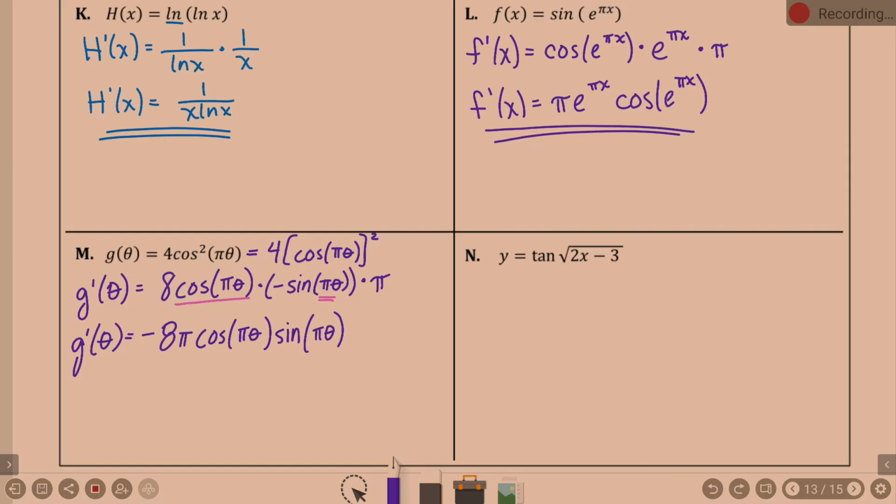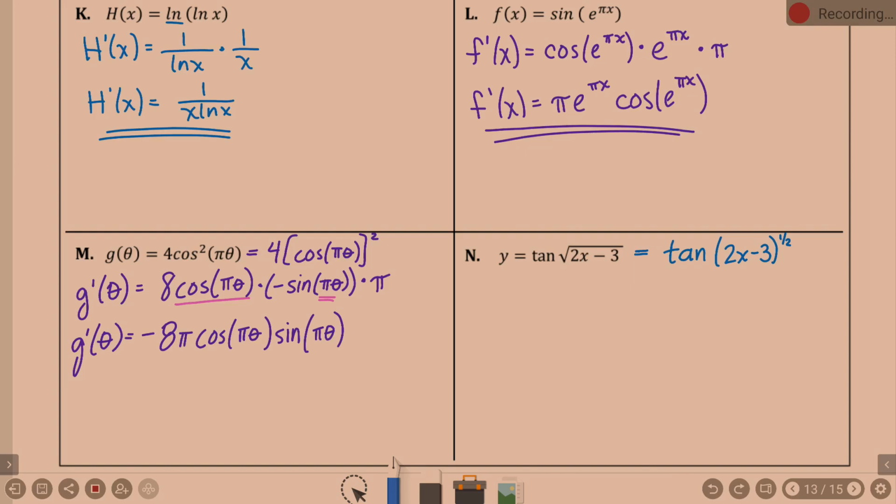Okay, I'm going to change this because it's 10 tangent of the quantity 2x minus 3 to the 1 half. So thinking ahead, in order to do a square root derivative eventually, we think of it as 1/2.